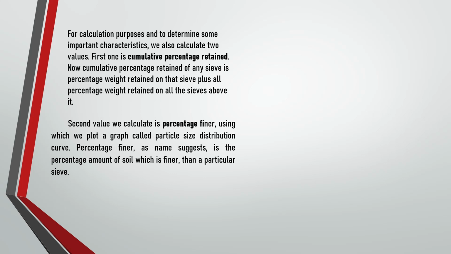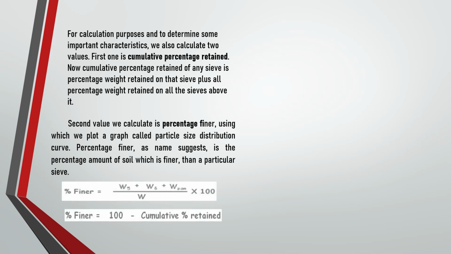The second value we calculate is percentage finer, using which we plot a graph called the particle size distribution curve. Percentage finer is, as the name suggests, the percentage amount of soil which is finer than a particular sieve. And here are all the formulas on how to get the cumulative percentage and percentage finer.